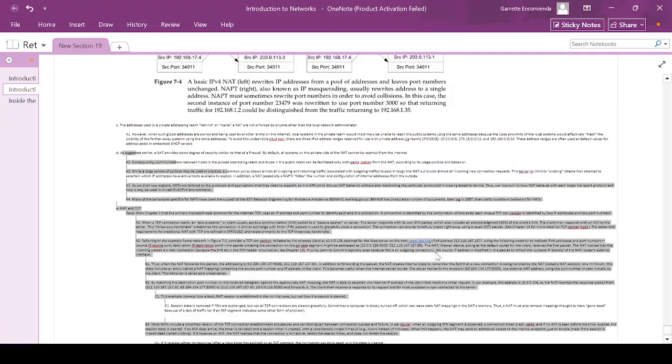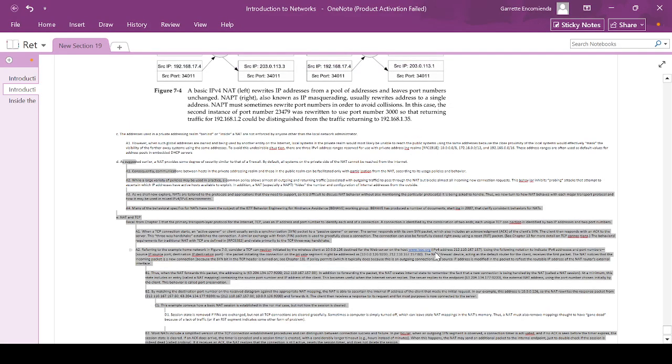As suggested earlier, a NAT provides some degree of security similar to that of a firewall. By default, all systems on the private side of the NAT cannot be reached from the internet. Consequently, communications between hosts in the private addressing realm and those in the public realm can be facilitated only with participation from the NAT according to its usage policies and behavior.